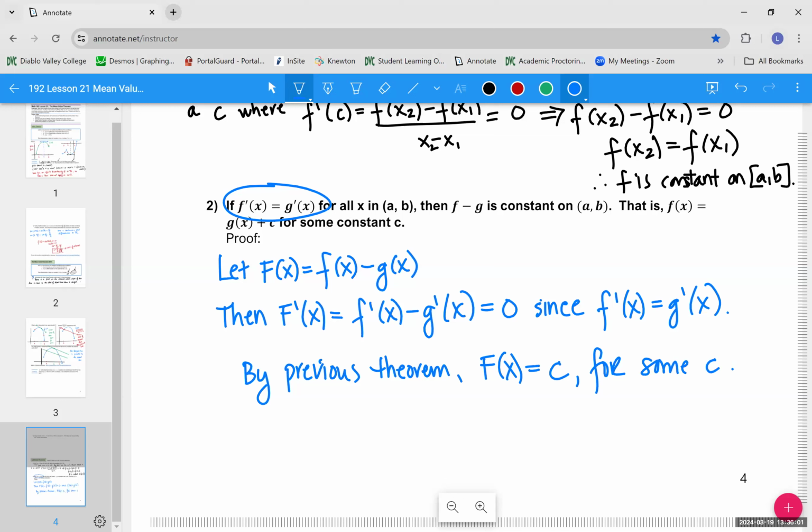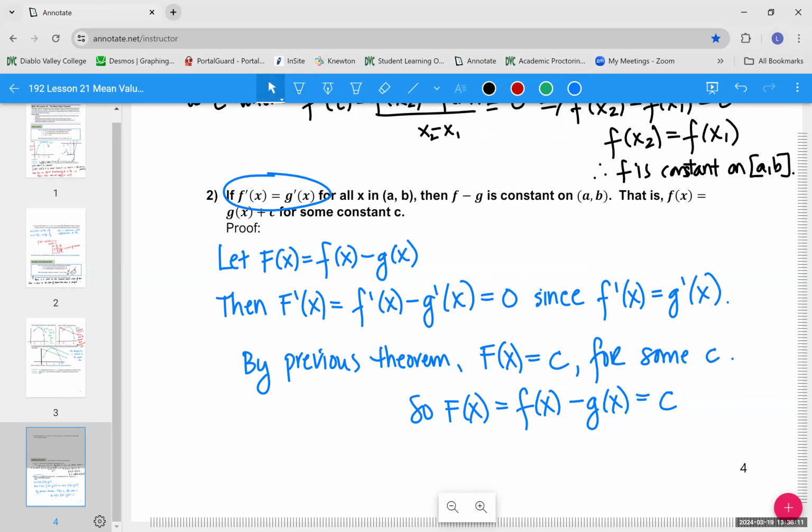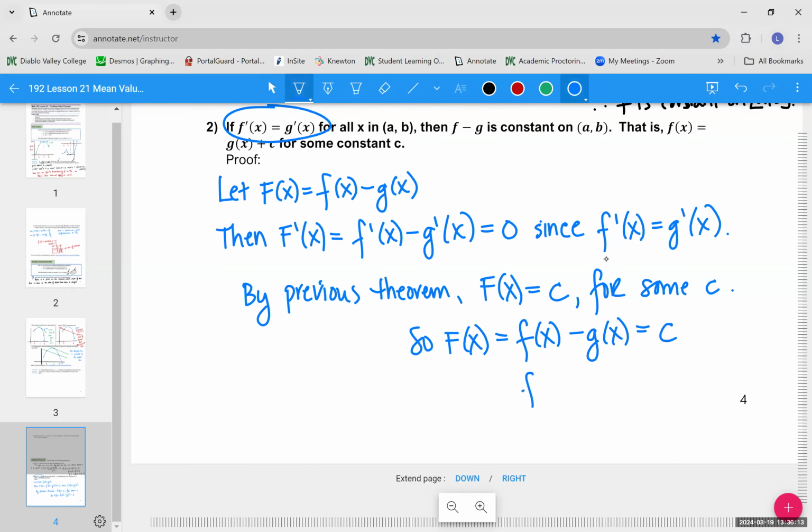And so therefore, capital F of x, which is f of x minus g of x, equals c, leading us to little f of x is g of x plus c. So we basically used that same theorem we just proved to show yet another thing, that if you have two functions that have the same derivative, they are basically the same function, they just differ at most by a constant.